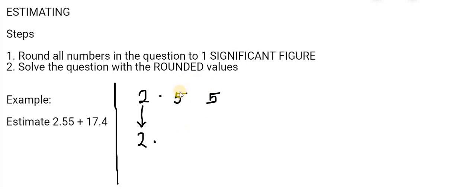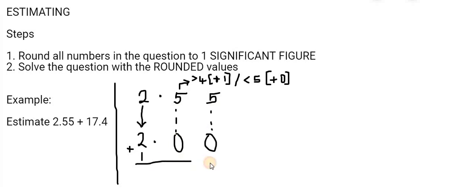If it's greater than 4, we add 1 to the previous number. And if it's less than 5, we add 0 to the previous number. In this case, it's greater than 4, so we add 1 to the previous number, and we convert the remaining numbers to zeros. And so 2.55 to one significant figure is just 3.